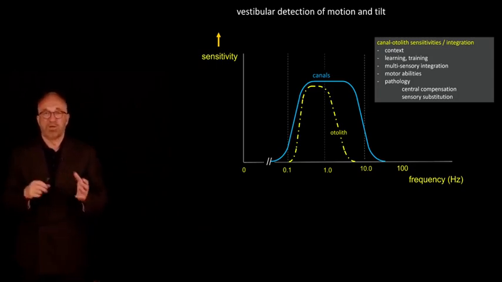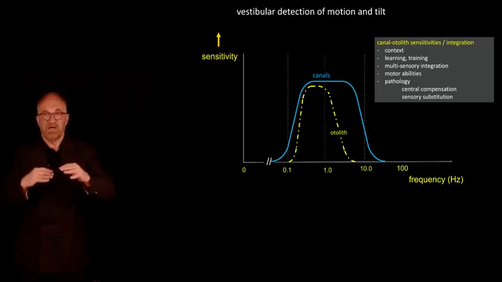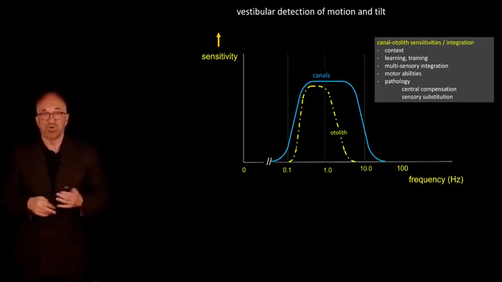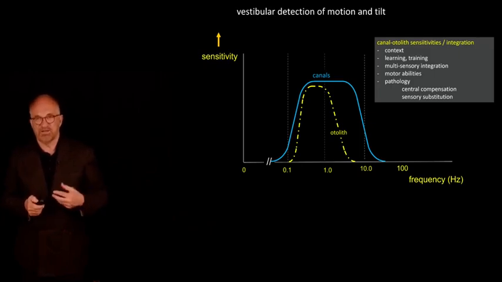So it's optimal between about 0.1 and 10 Hz or a little bit higher. And the relative sensitivity is, of course, something that has to do also with how the brain is processing this information. And that is within the context of learning and training, and also using additional information from the other senses.